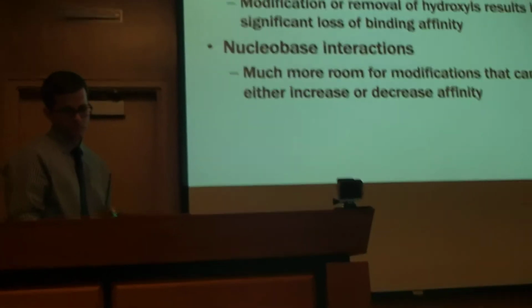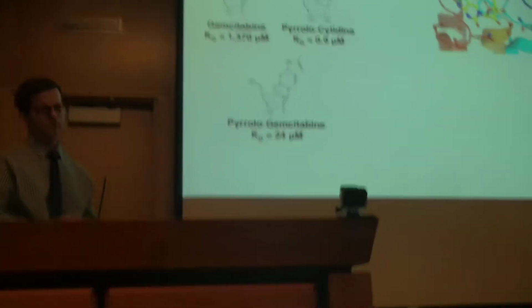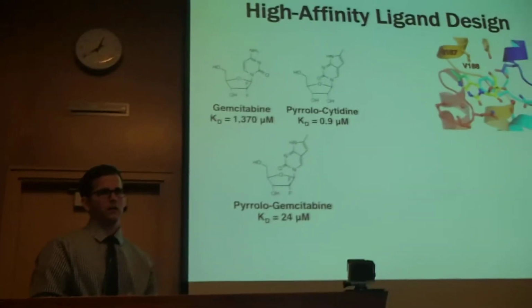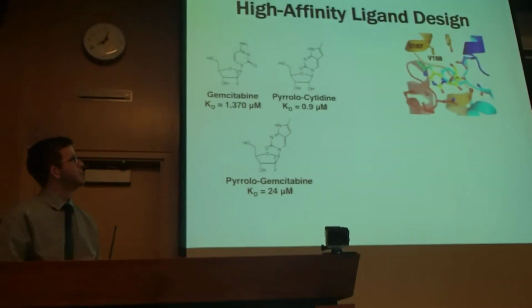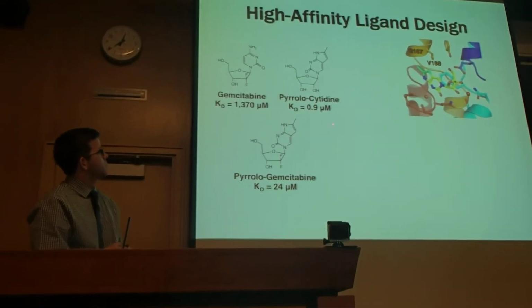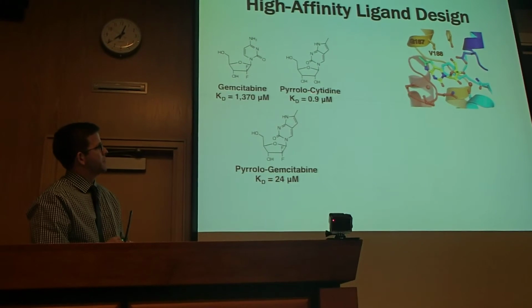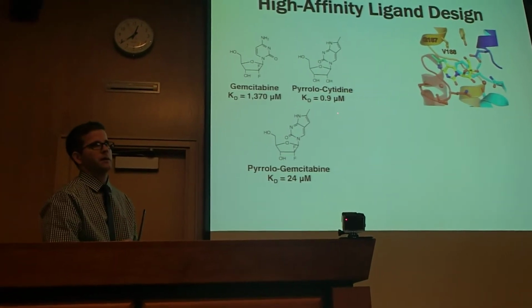So we wanted to see if we could take this information that we gained in these studies and design or improve upon the binding affinity of an existing anti-cancer compound for VCCNT. So what we did is we looked at the structure of pyrrolocytidine, which has the best binding affinity of any of the compounds that we studied.